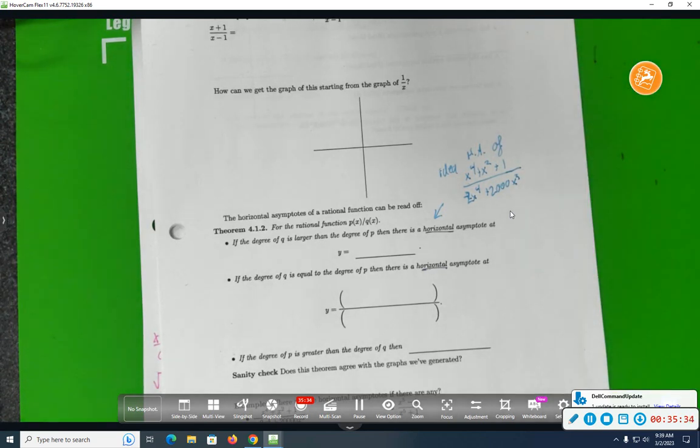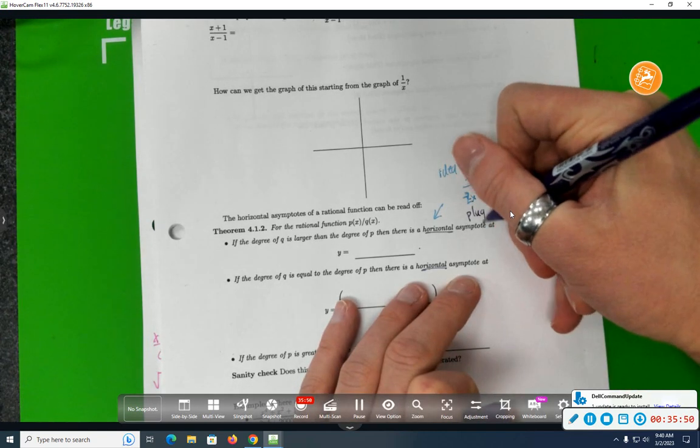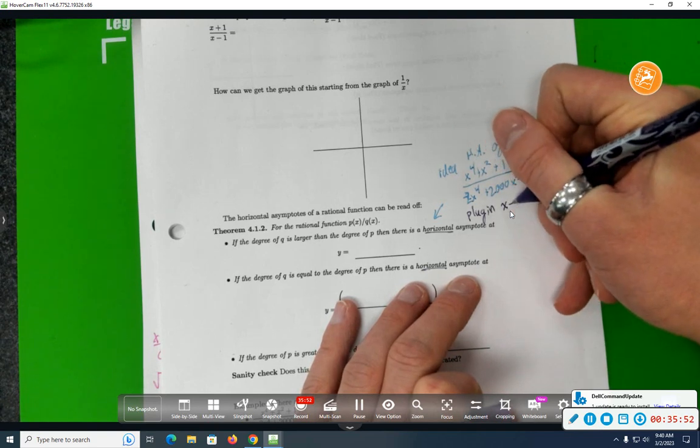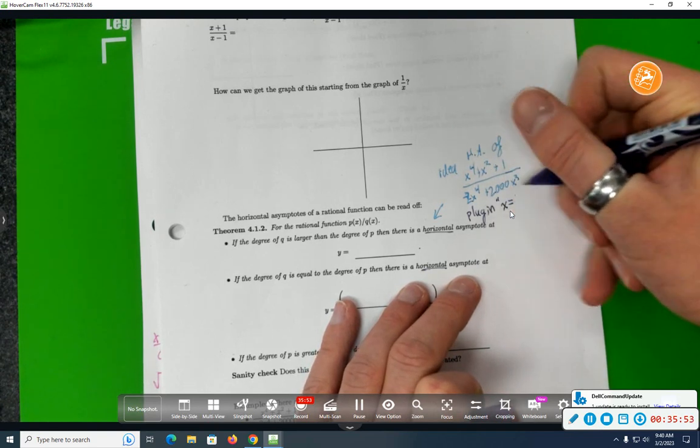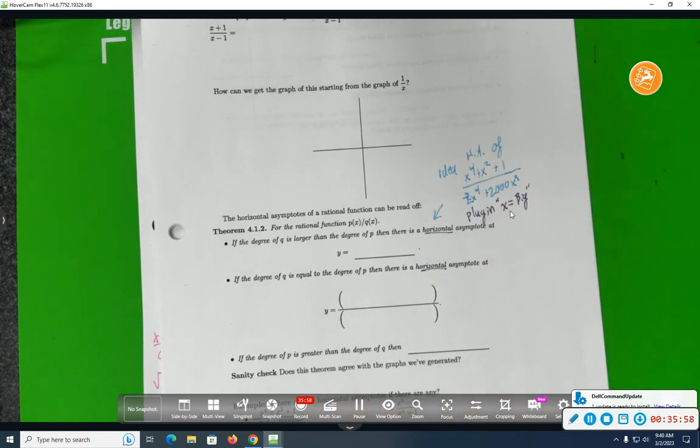To find the horizontal asymptotes, let's imagine what would happen if you plugged in a giant number for x, a 20-digit number. Plug in x equals, in quotes, big, because no matter how big you plug in, I really mean plug in something bigger than that.